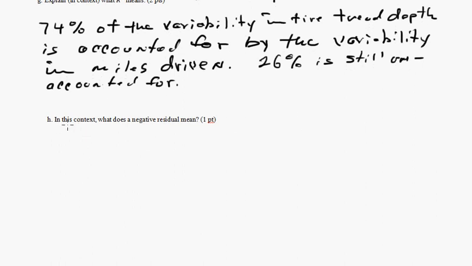Okay, in the context of this subject, what does a negative residual mean? So if we think about it, kind of draw this out, we have a negative linear relationship. So the line is y hat, so residual is y minus y hat.